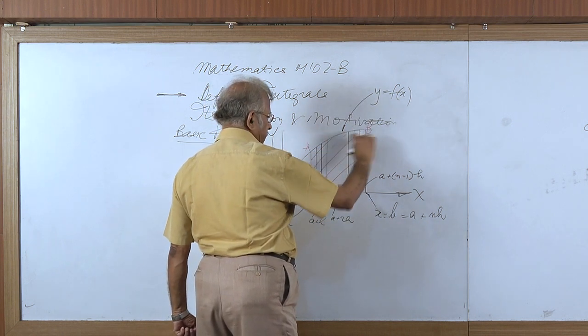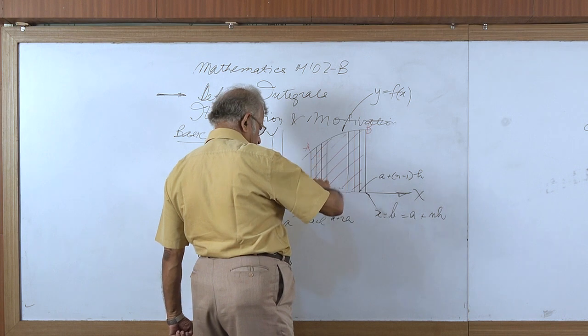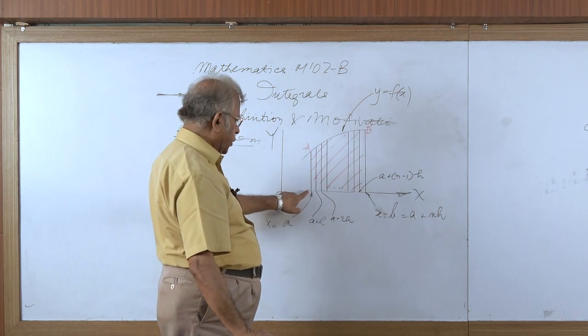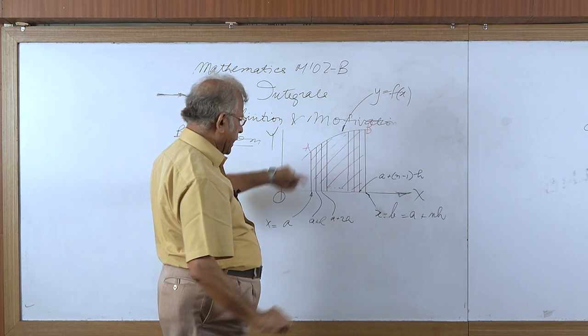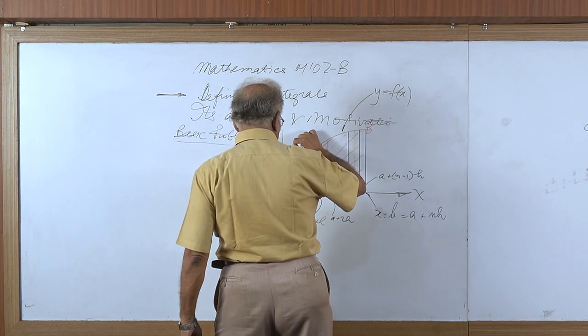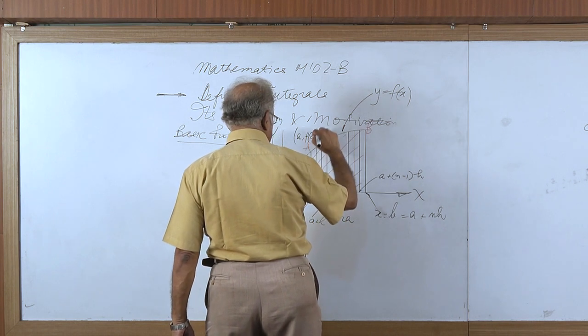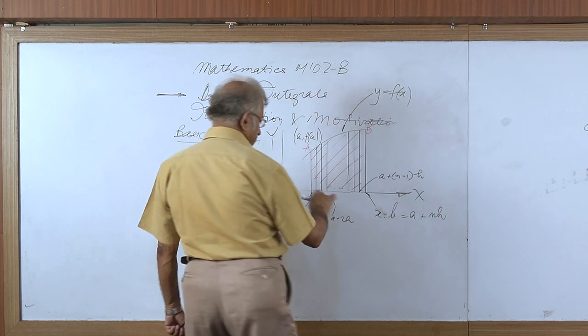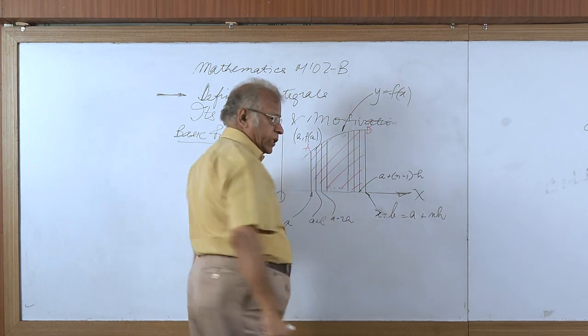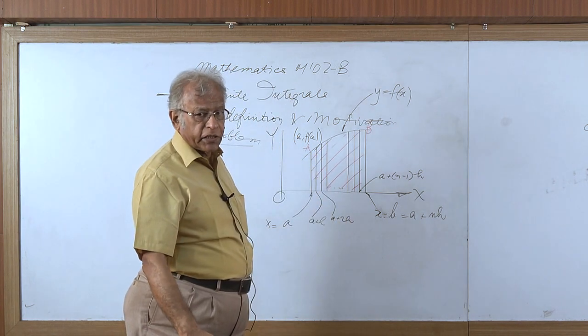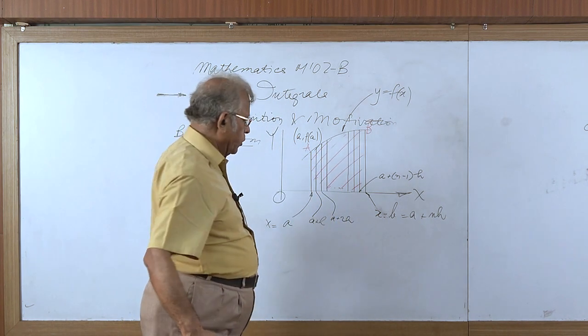The next border is the ordinate erected at x is equal to a. So, if we assign coordinates, this point is (a, f(a)). This is the line which is the x-axis. Its equation is of course y is equal to 0.